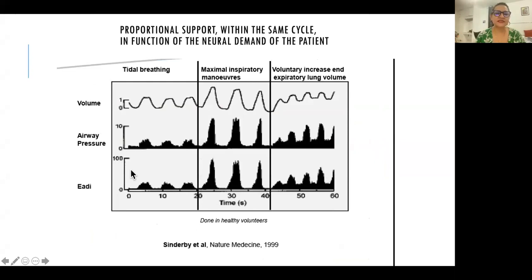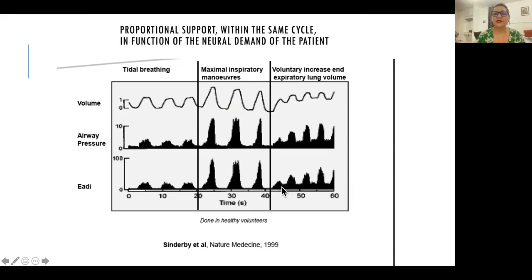So as we can see, if we have normal breaths, the EDI is quite small, and so is the airway pressure, and we are getting a good tidal volume. However, if the demand is increased, your EDI is increased, and the pressure is going to increase to achieve that much tidal volume.